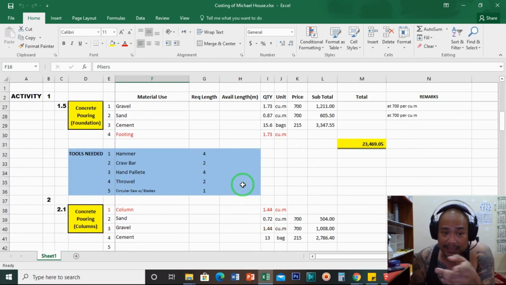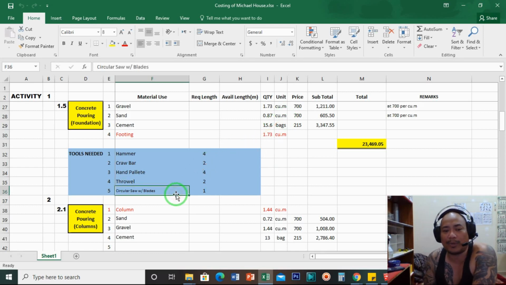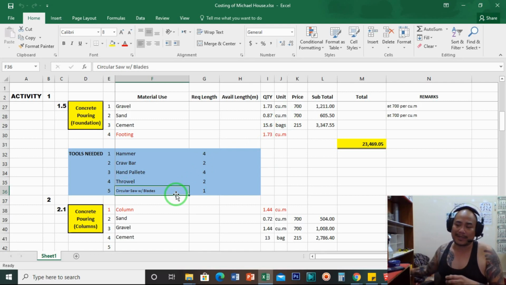So again, in this activity, what are the tools needed? Of course, you need a hammer, a crowbar, a hand pallet, and a triangular head trowel. If you have a circular saw with blade, it is much better to make the work faster. Excuse me, I will drink water.